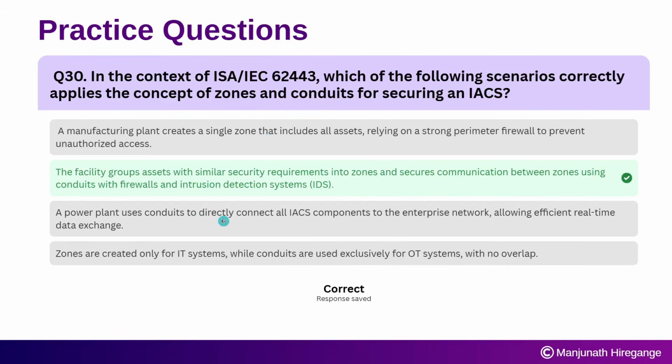Why C is not correct? Because it's directly connecting IACS components to the enterprise network, without any security controls in the conduit. And definitely the last one is incorrect because zones and conduits apply for both IT and OT systems. So hence you have to think in every angle what exactly zones and conduits are.